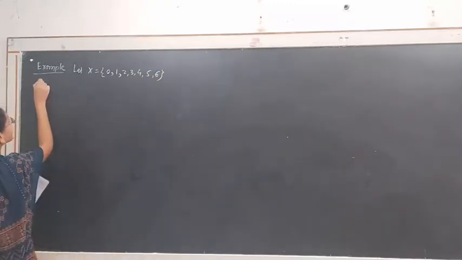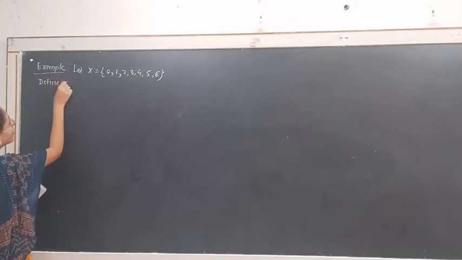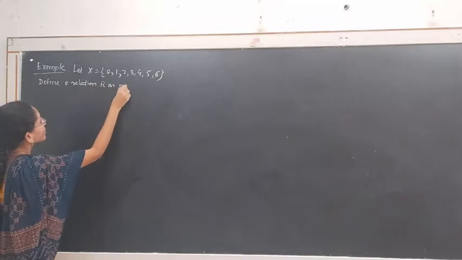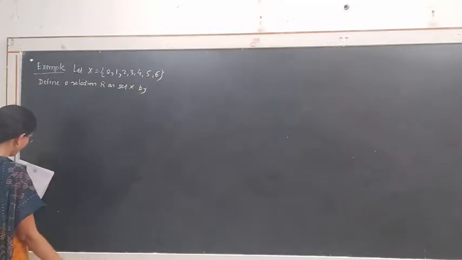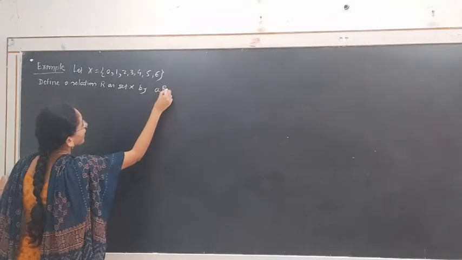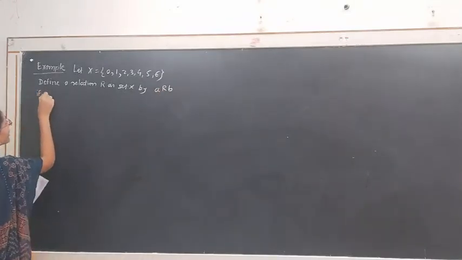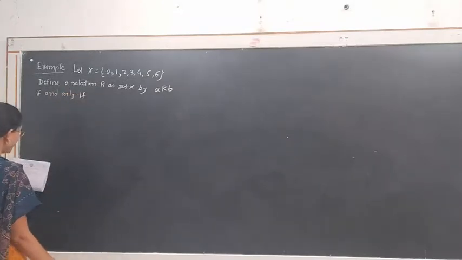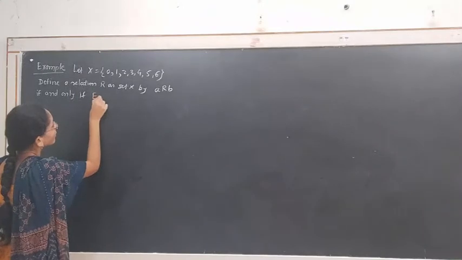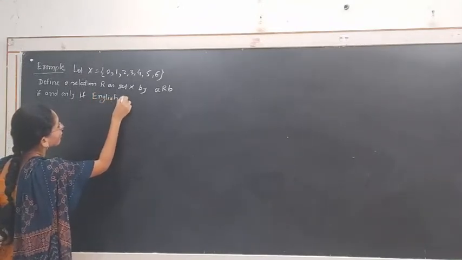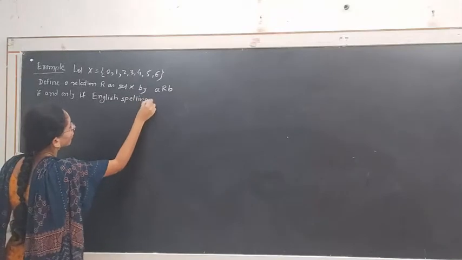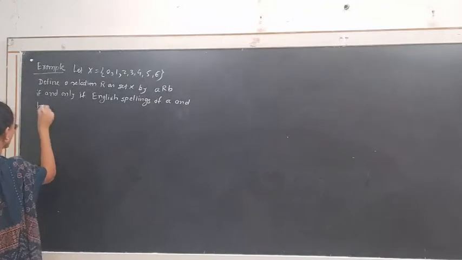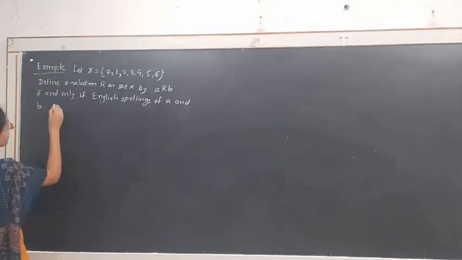Define a relation R on set X by a R b if and only if the English spellings of a and b begin with the same letter.